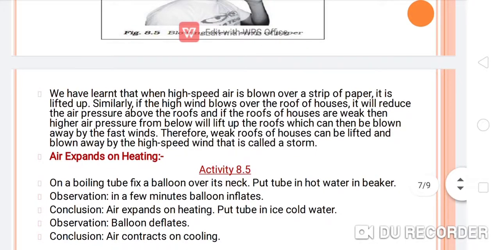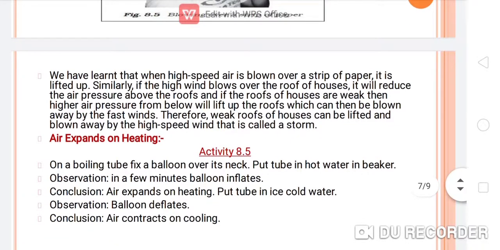We have learned that when high speed air is blown over a strip of paper, it is lifted up. Similarly, if high wind blows over the roofs of houses, it will reduce the air pressure above the roofs.